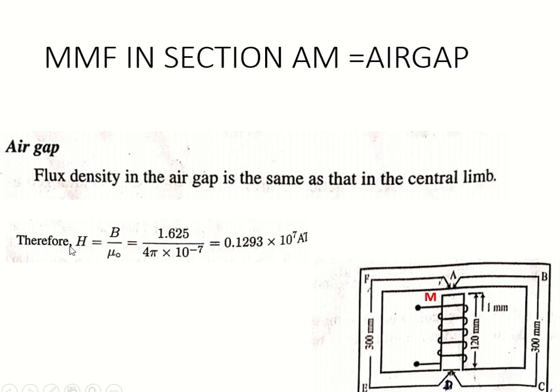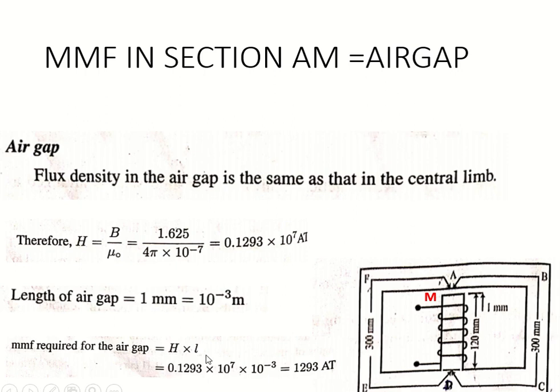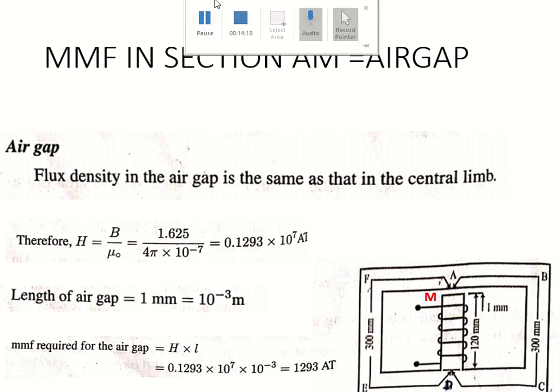Once you got H, how will you find the MMF? H into L. What is the length? 1 millimeter. So the length of the air gap is 1 millimeter. So the required MMF is H into L. So 1293 ampere turns is the total MMF of which section? AM. So the total MMF of section AM is 1293.